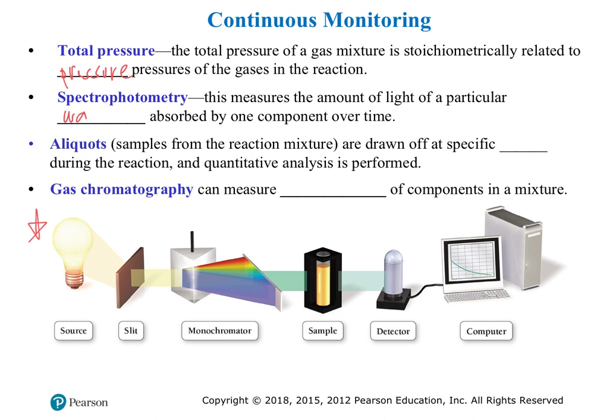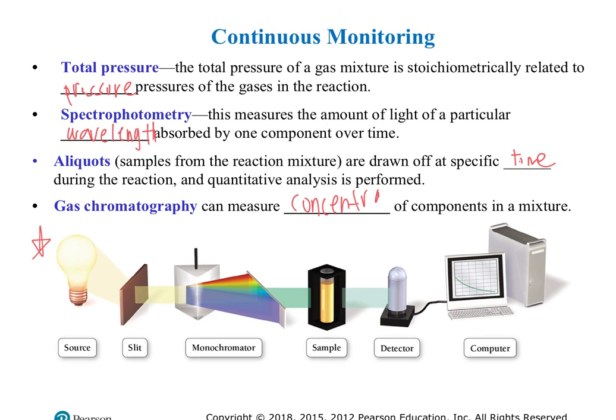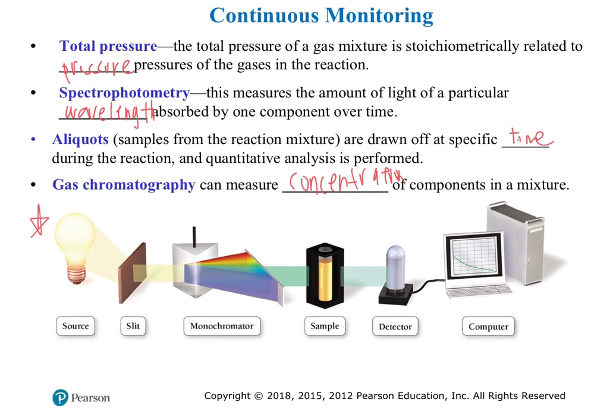So we determine what color our reactant or product is that we want to measure and see how that absorbance changes over time. That one's a really fun and pretty cool way to track it. Aliquots is basically taking a small sample at different times during the reaction and then testing them ex situ, so out of the reaction. And then gas chromatography can measure different concentrations of gases for each component in the mixture.